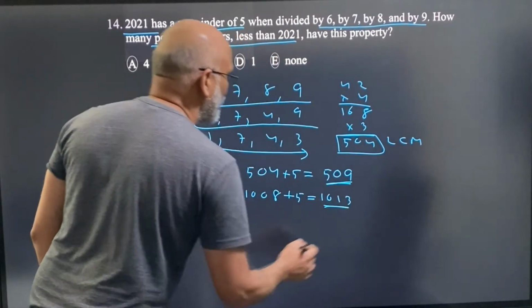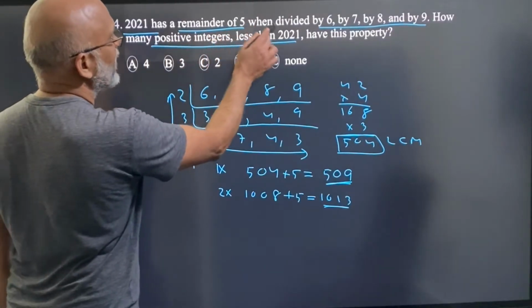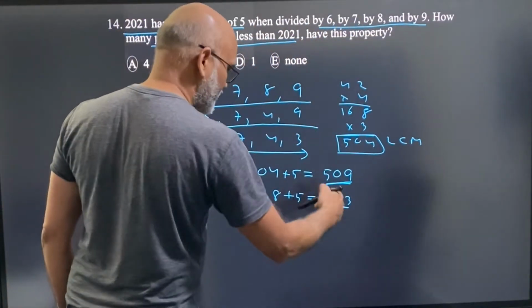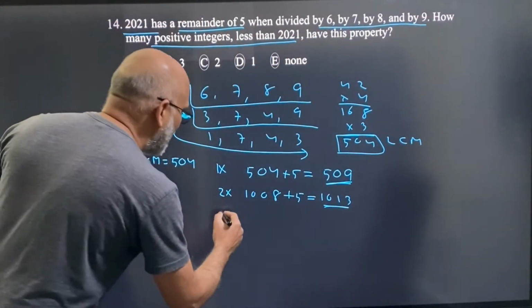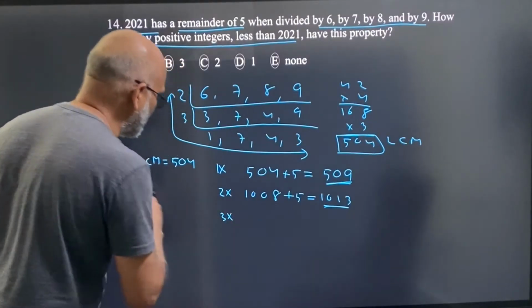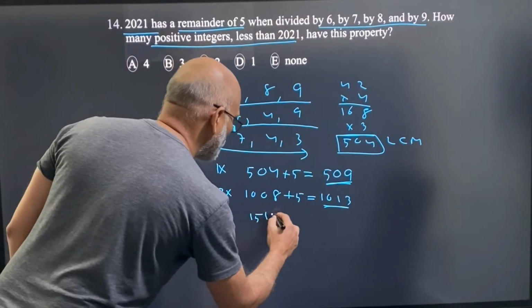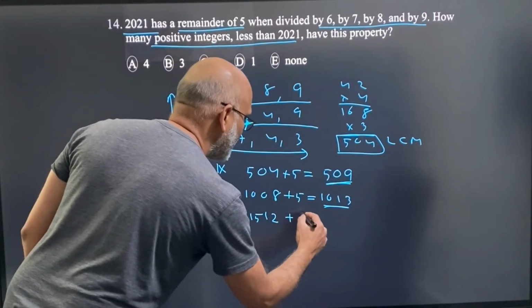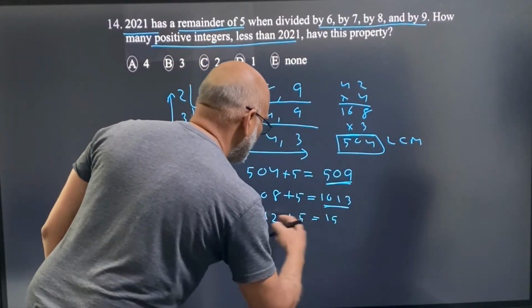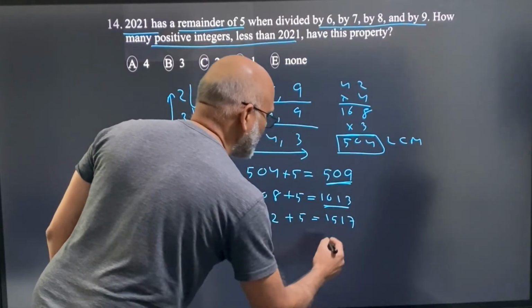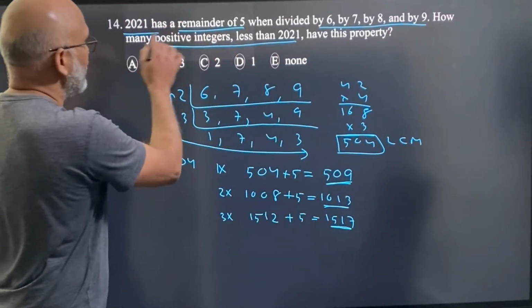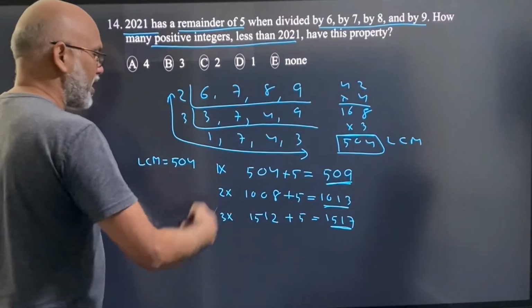So again, 1013 has a remainder of 5 when divided by 6, 7, 8, 9, because that's how I found that number. How about I take the third multiple of the LCM? So this is going to be 1512 plus 5, which is 1517, right? So again, 1517 will have that property because that's how I found it.